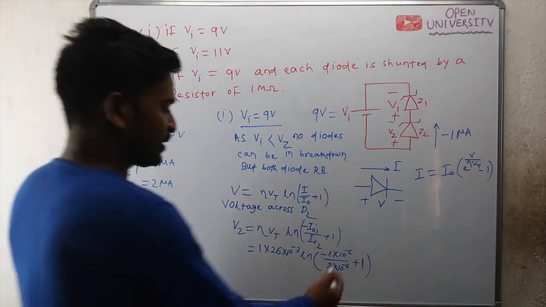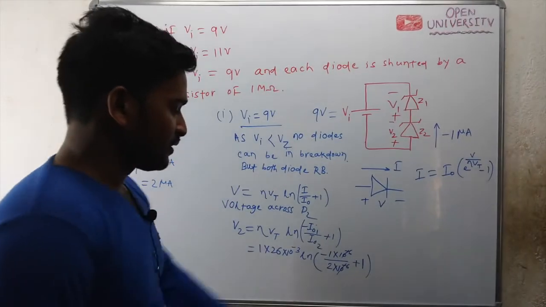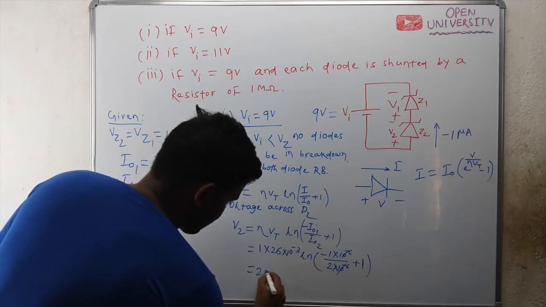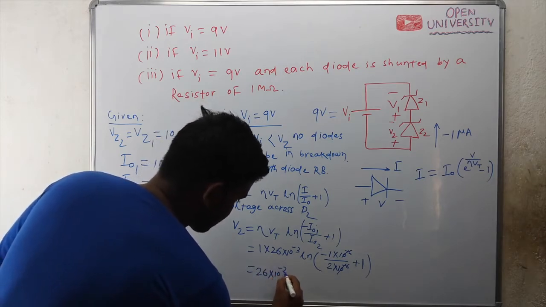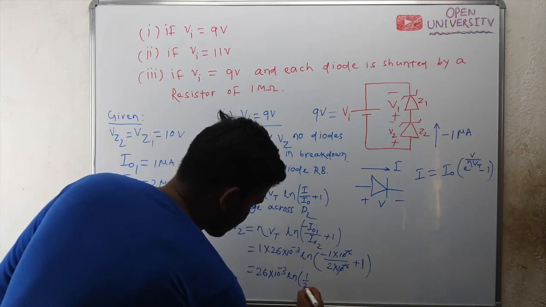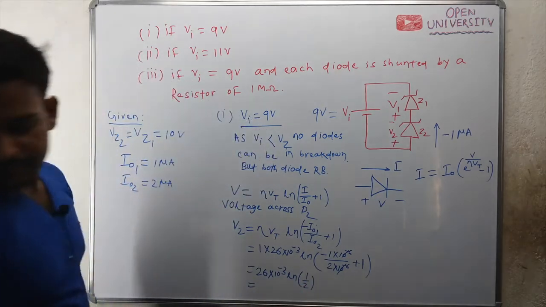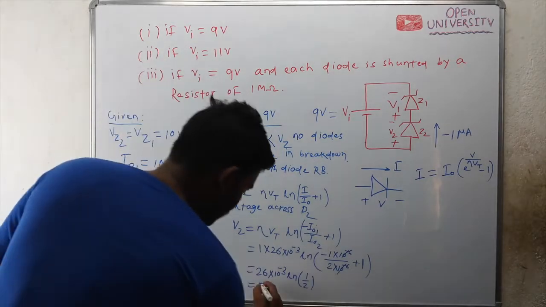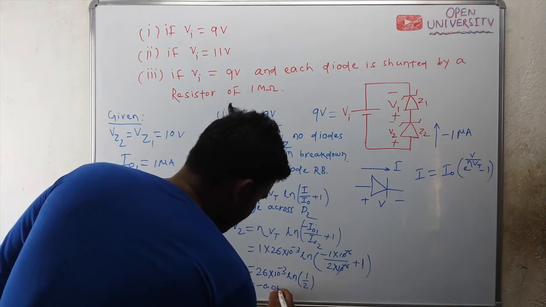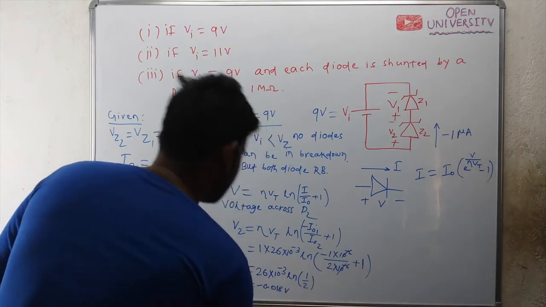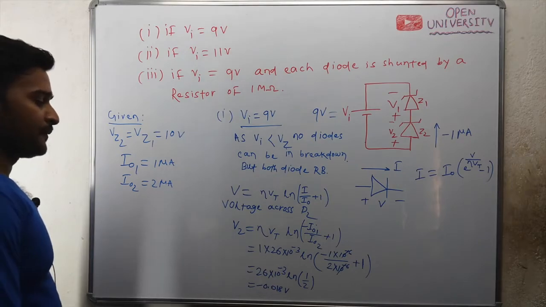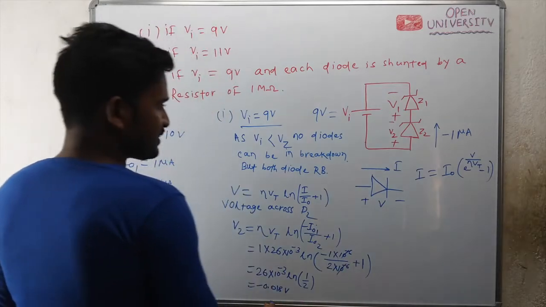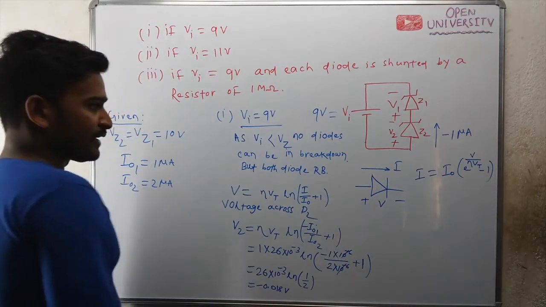So 10 power minus 6 will be cancelled. 1 minus half will be half. So it will be 26 into 10 power minus 3 into log of half. Then the answer will be minus 0.018 volt. So the forward voltage across Z2 is minus 0.018 volt.